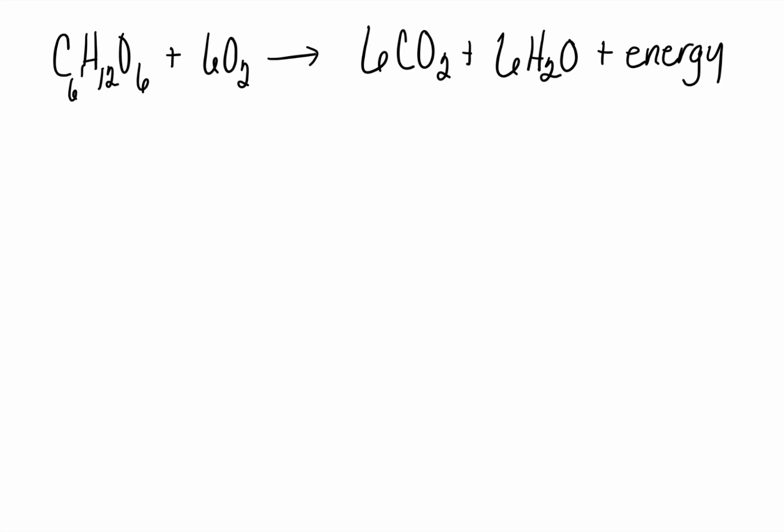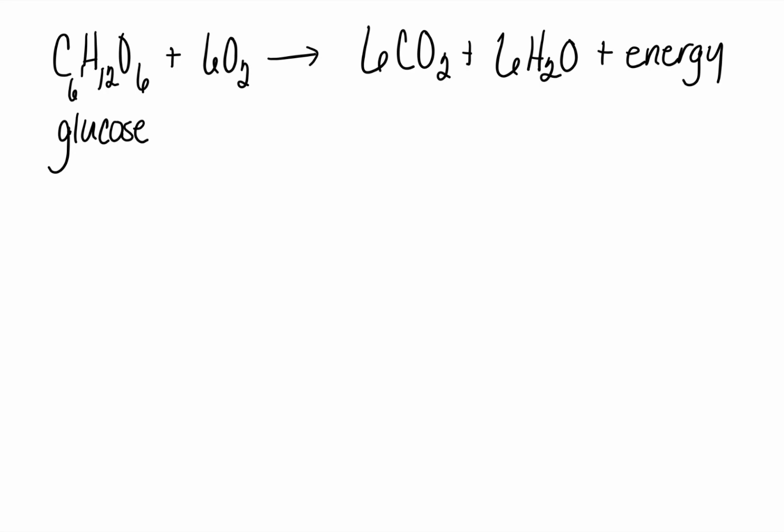We can think about cellular respiration in this overall summary equation. We're going to think about aerobic respiration. Here we have glucose in its molecular formula, C6H12O6, in addition to 6 molecular oxygen molecules, so aerobic respiration in the presence of oxygen.